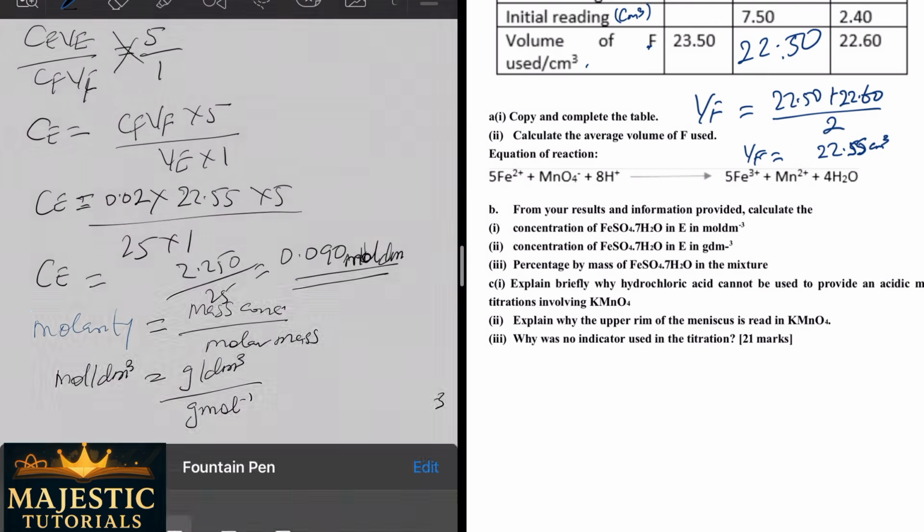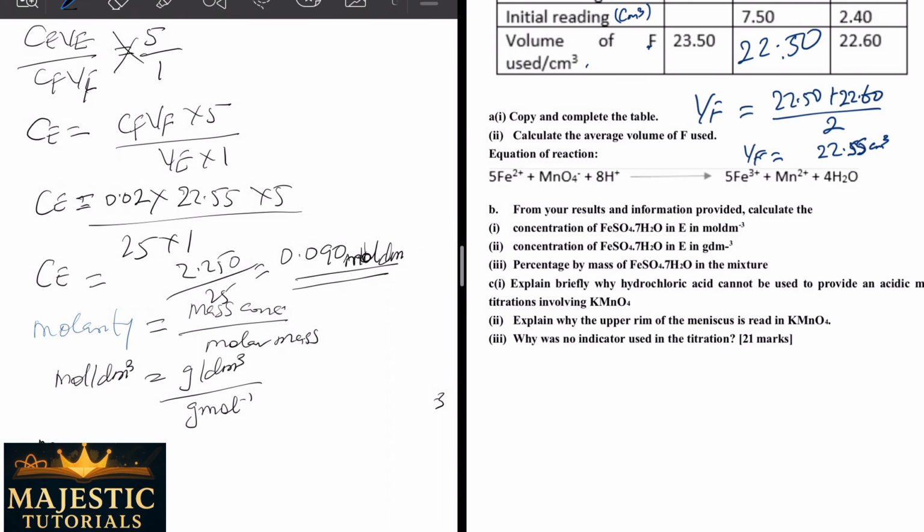The molar mass of FeSO4.7H2O: iron is 56, plus sulfur is 32, oxygen is 16, that's 16 times 4 is 64, plus 7 times 18.